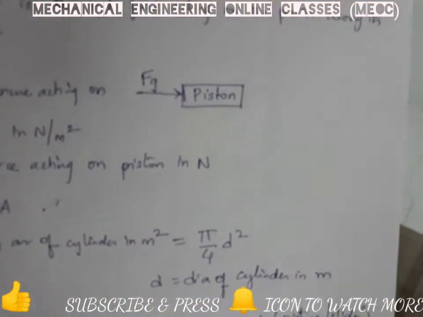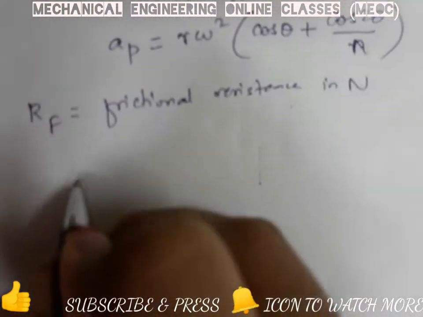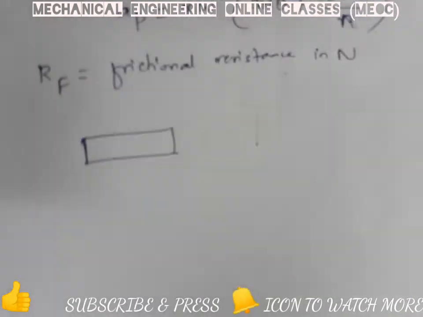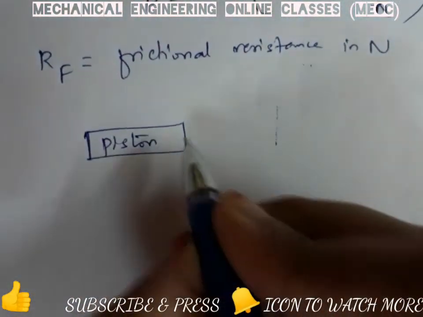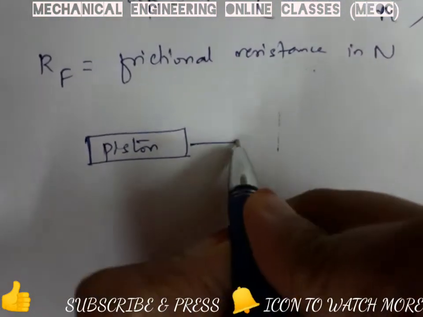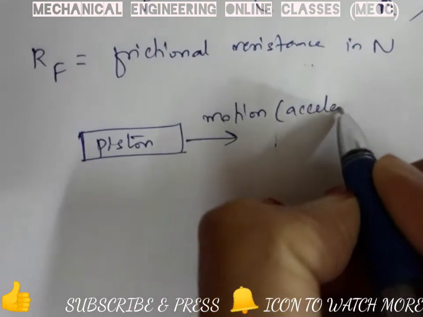So here we will have two cases. One, when I am considering the piston to be moving towards IDC, meaning that the piston's motion is rightward, it is under acceleration.